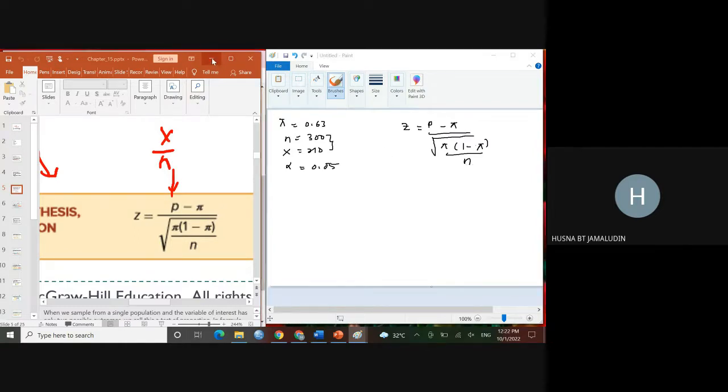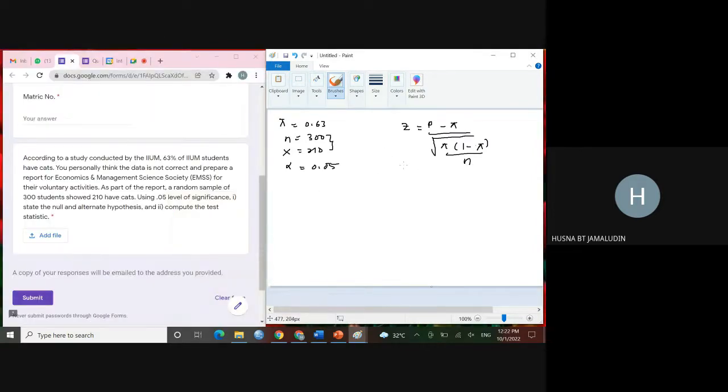Now, can we compute the z? Before we compute the z, state the hypotheses, H null and H1. So how to state it?